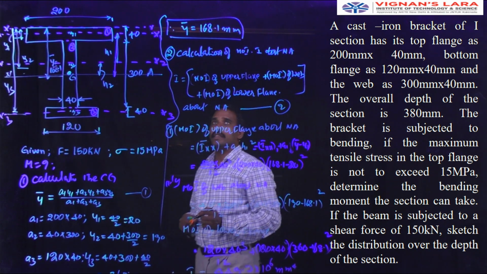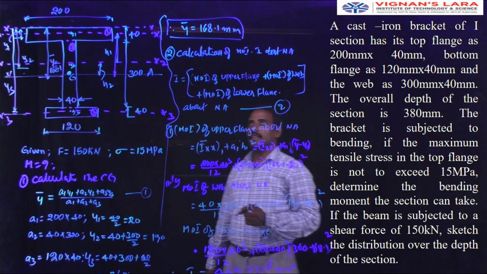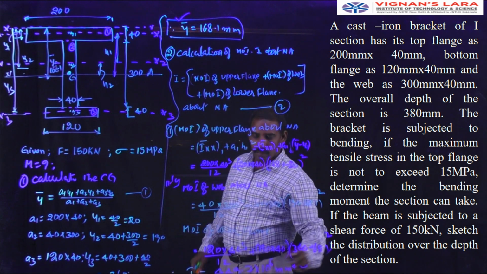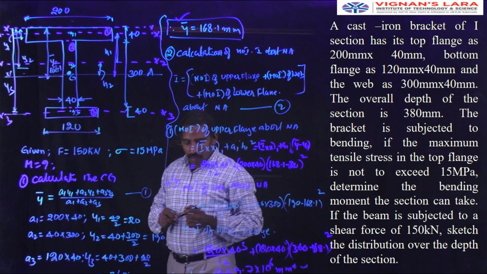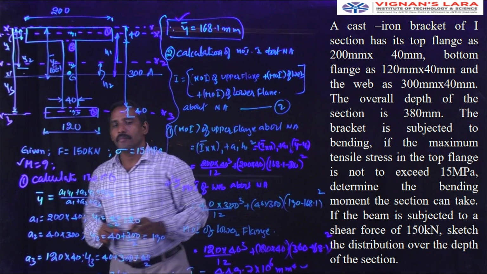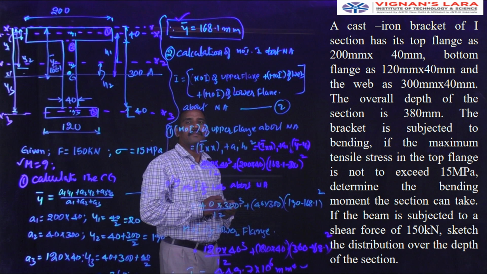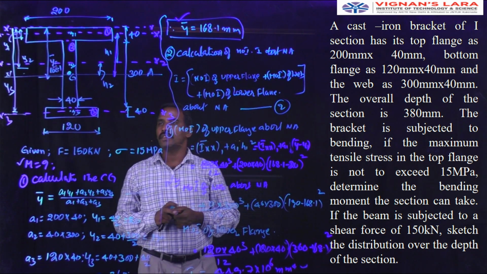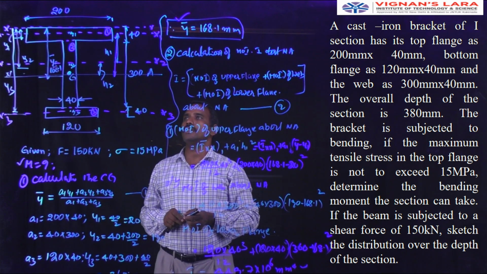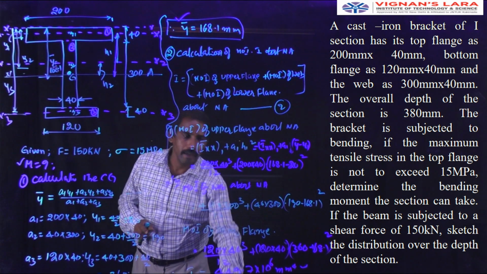What we calculated is y bar and I. Then you have to calculate the moment M by using the bending moment equation. Then you can find the shear stress at any position along the depth.